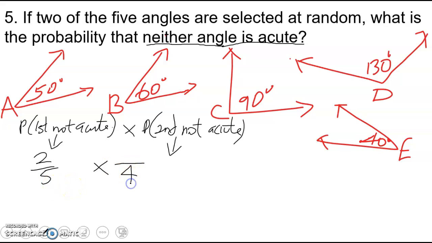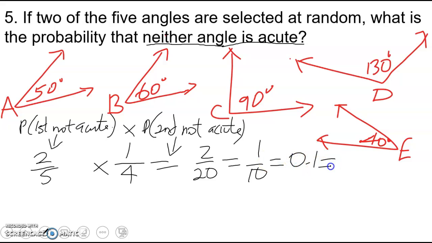And since we took one of those that are non-acute, only one non-acute is left. So we have 1 over 4 for that probability. Multiply, you get 2 over 20, which simplifies to 1/10, and dividing, you get 0.1, multiply by 100, you get 10%.